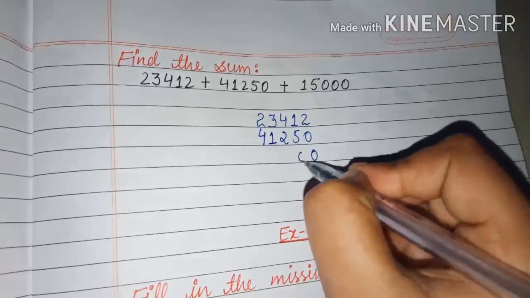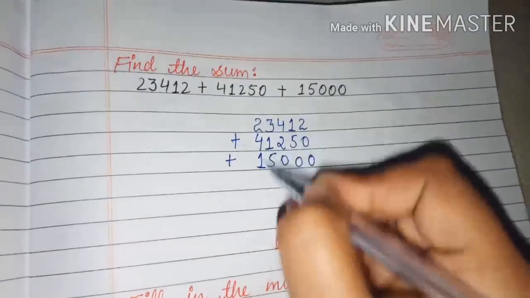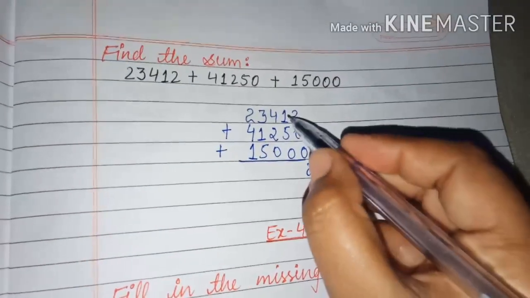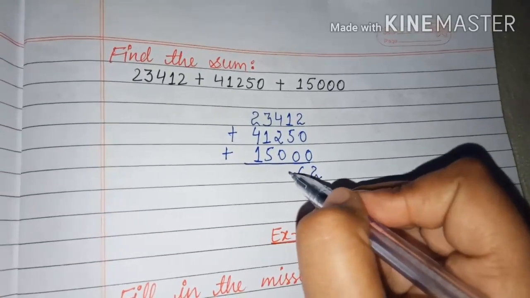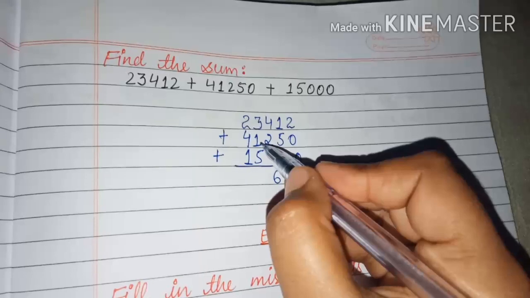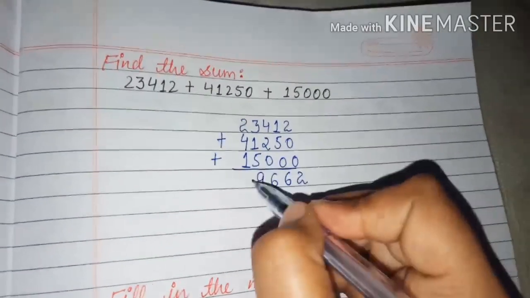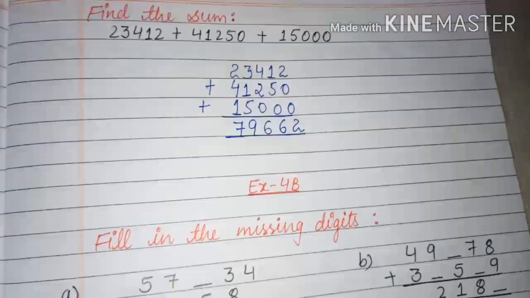Next number starting with the ones place and add the numbers. 2 + 0 + 0 will be 2 only. 1 + 5 is 6, 4 + 2 is 6, 3 + 1 is 4, 4 + 5 is 9, 2 + 4 is 6, 6 + 1 is 7, and you will get your result.